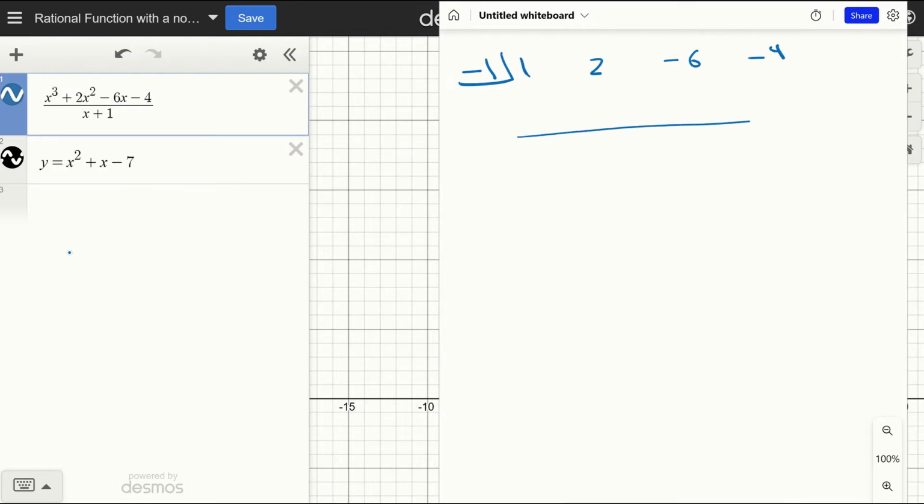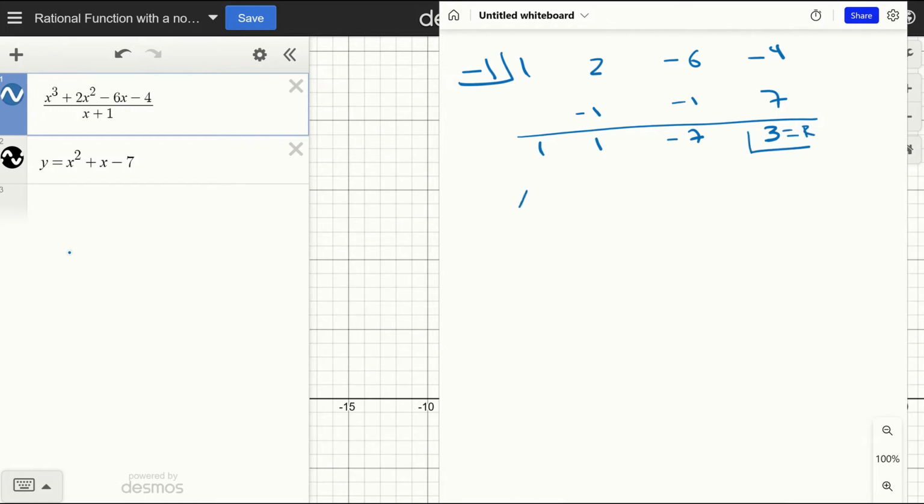So the 1 drops down, so we get 1 times -1 is -1. Added to 2 gives us 1. 1 times -1 is -1. Added to -6 is going to give us -7. -1 times -7 is 7. Added to -4 will give us 3. So basically, that's the remainder.